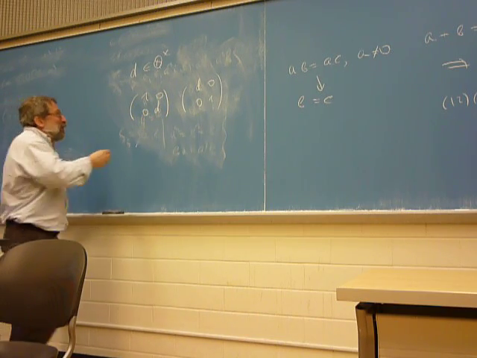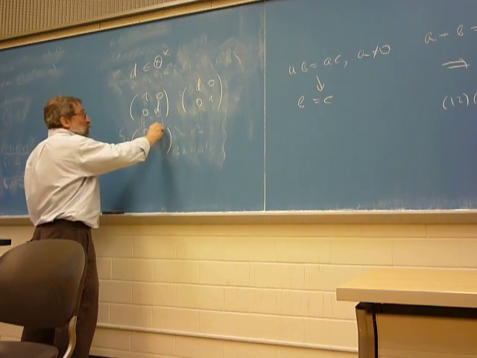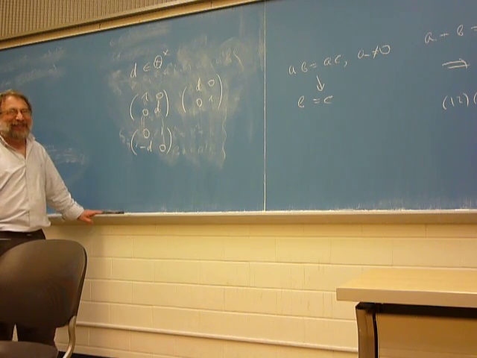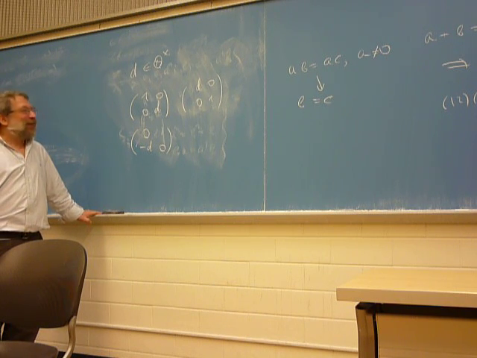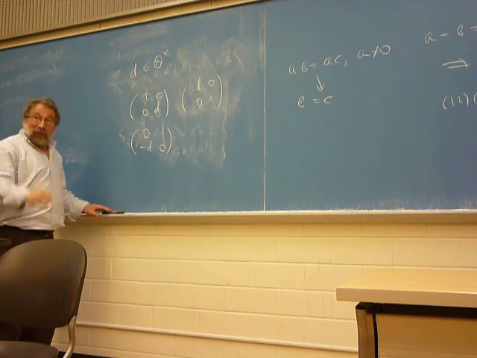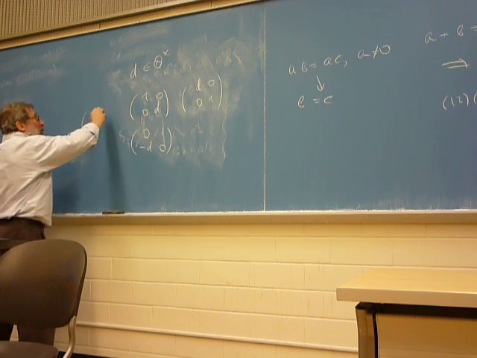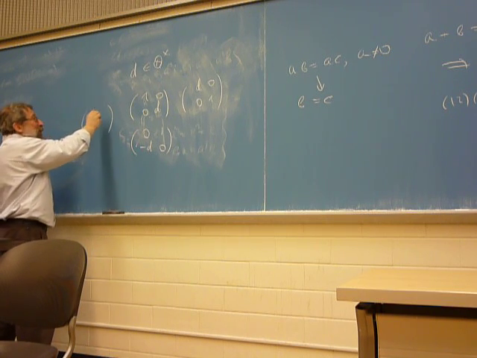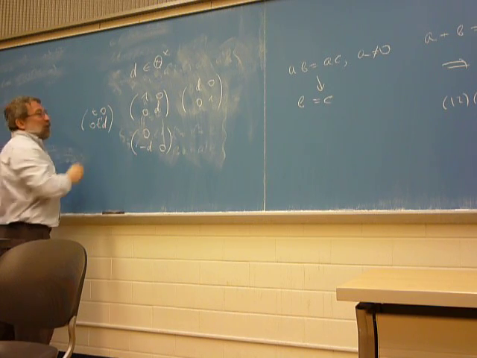So you can put any number, and then it will for sure be different. Or you could even take one of those zero off-diagonal elements and make it anything else, or both of them. Now, how about this matrix?